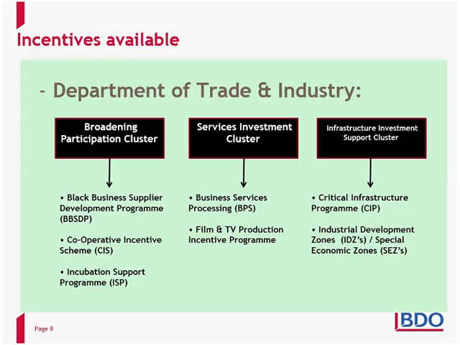The DTI also have an Infrastructure Investment Support Cluster, and under this umbrella we have the Critical Infrastructure Program and the Industrial Development Zones Incentive, or the Special Economic Zones Incentives.